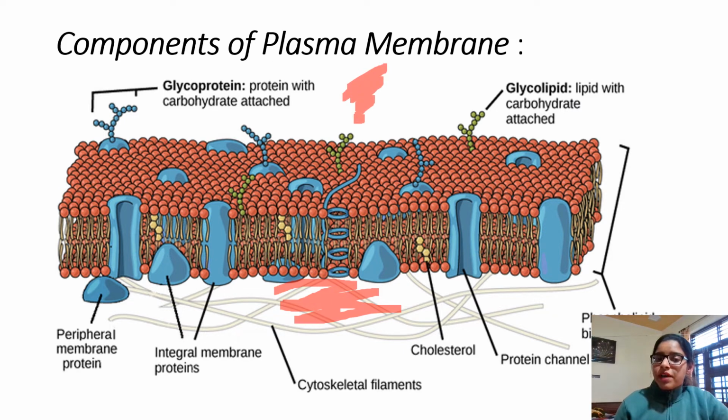The proteins which are present there and there are the peripheral proteins, because they are not embedded, they are present on the periphery. That's why we call them peripheral proteins or extrinsic proteins.